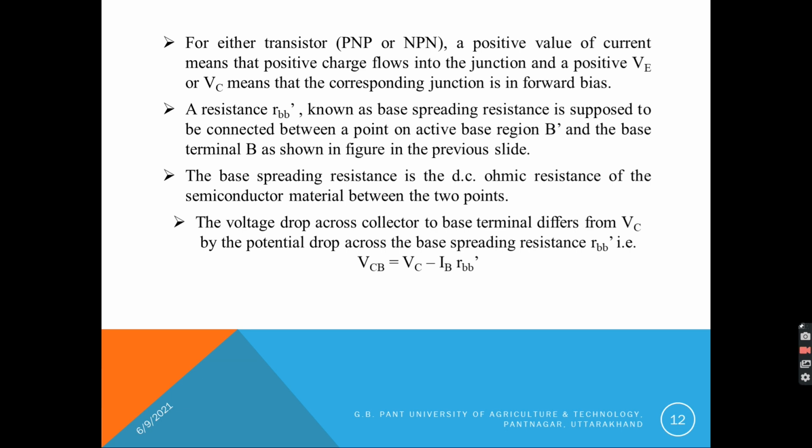The voltage drop across the collector to base terminal differs from VC by the potential drop across the base spreading resistance RBB', which is represented by this equation: VCB equals VC minus IB times RBB'.